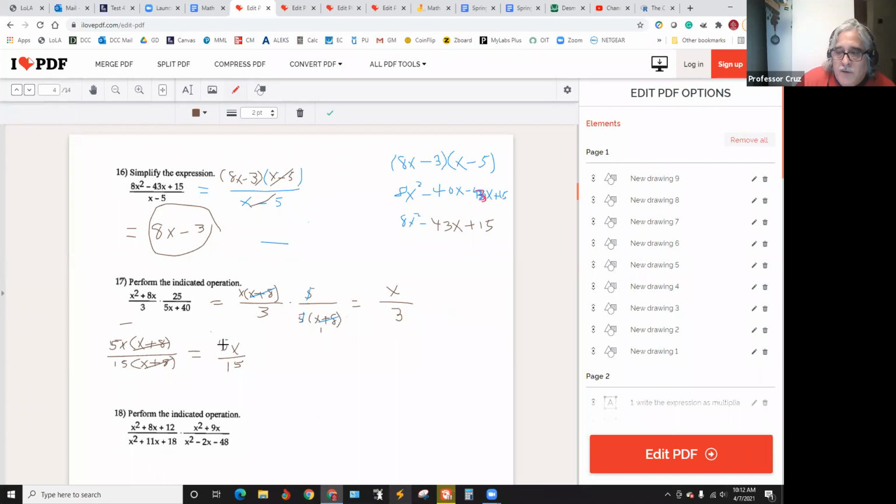Well, 5 goes into 15 3 times and into itself once. So you still come out with the same thing. It's just that if you do it this way, oftentimes the numbers are going to be larger. It might be harder to see your factors. But it's always wise to leave it factored if possible.